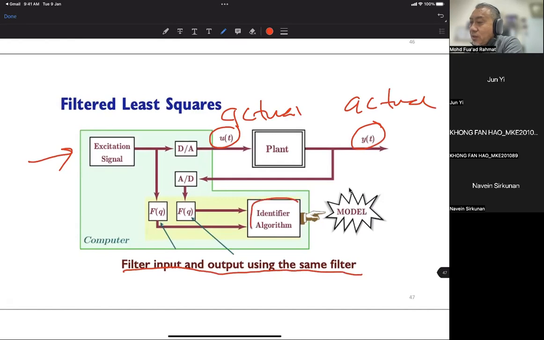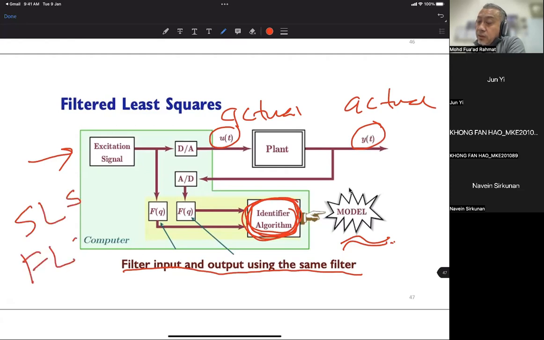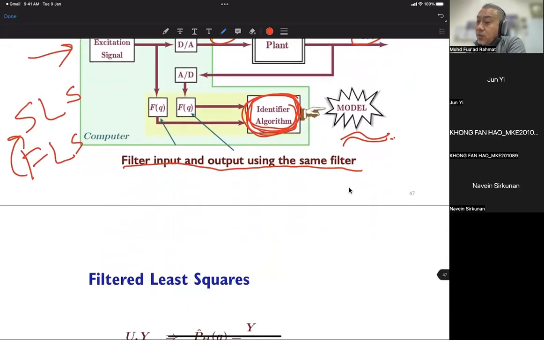This is the filtered least square identifier algorithm to estimate the parameters or coefficients of the model that we get. Therefore we get a model which is better than simple least square. Filtered least square improves on the simple least square.